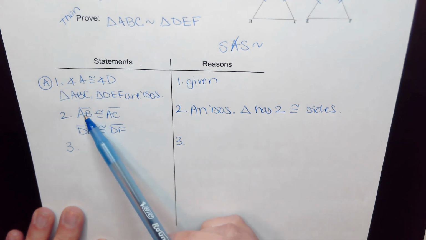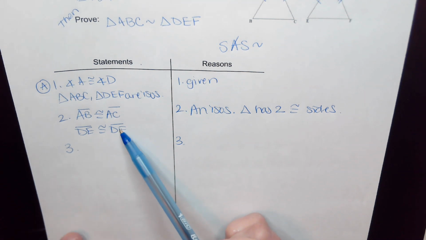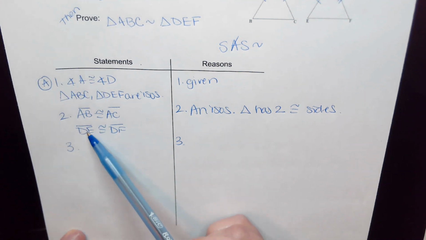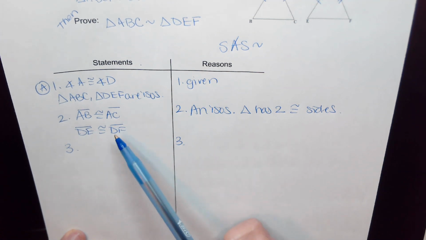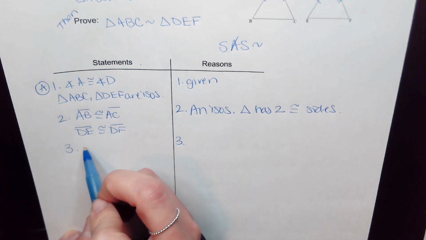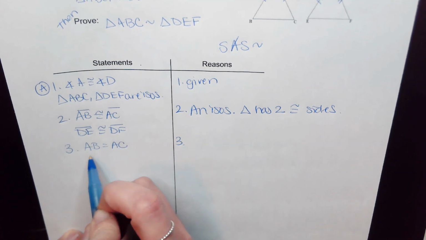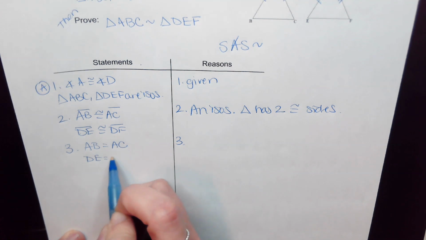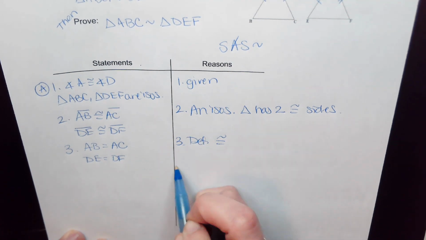We could do AB times DE equals AC times DF. And we can do AB divided by DE equals AC divided by DF, which would give us our proportion. But before we can do any operations, you have to have them in equality. So AB equals AC, DE equals DF by def of congruency.